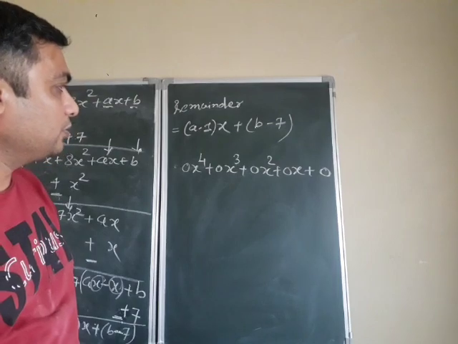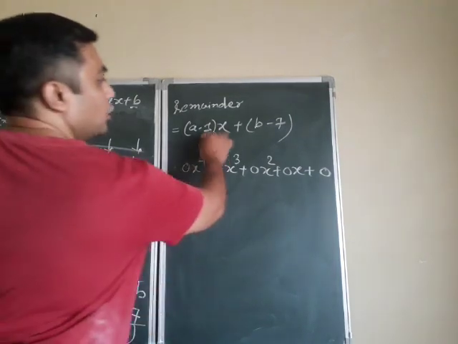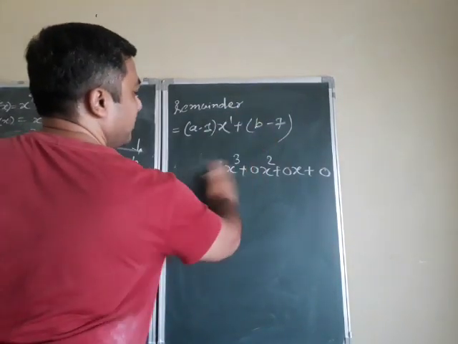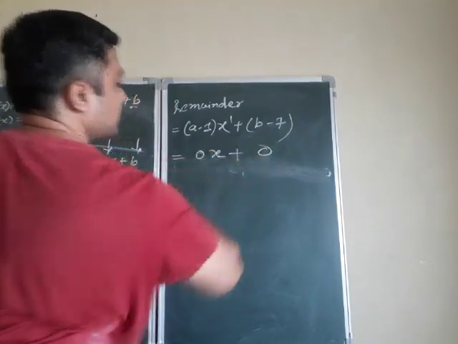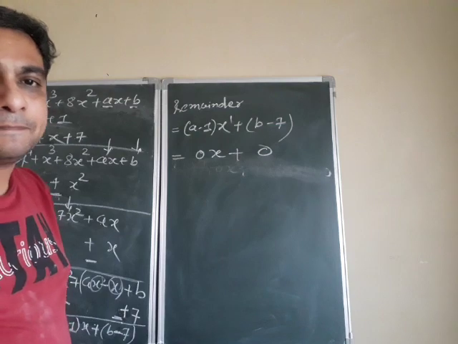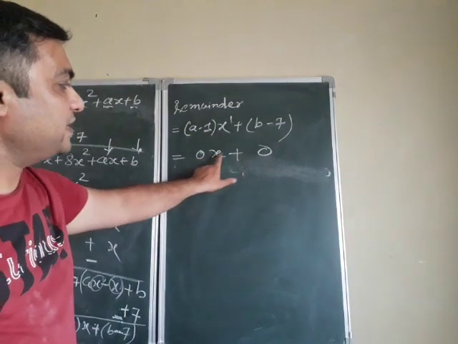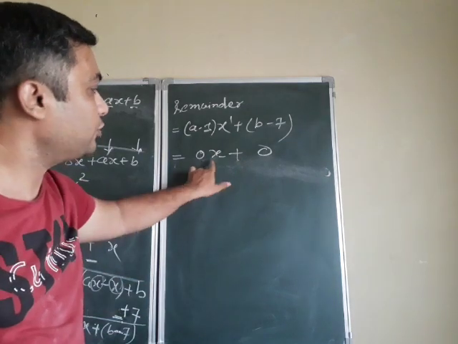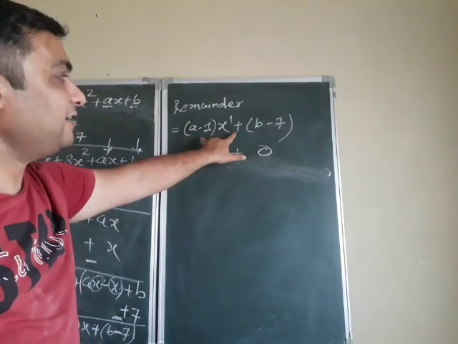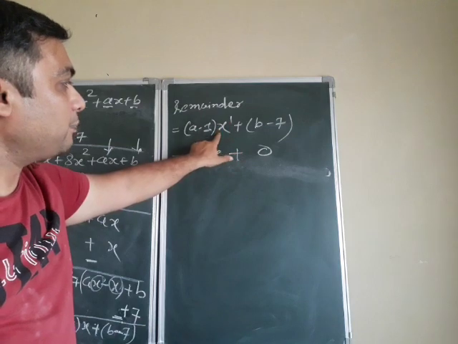So here we are having a linear polynomial. See, this is x raised to 1. So remainder is 0 means remainder is 0x plus 0. Am I right? Is that clear? Because remainder is expressed in terms of polynomials, and here we have a linear polynomial.